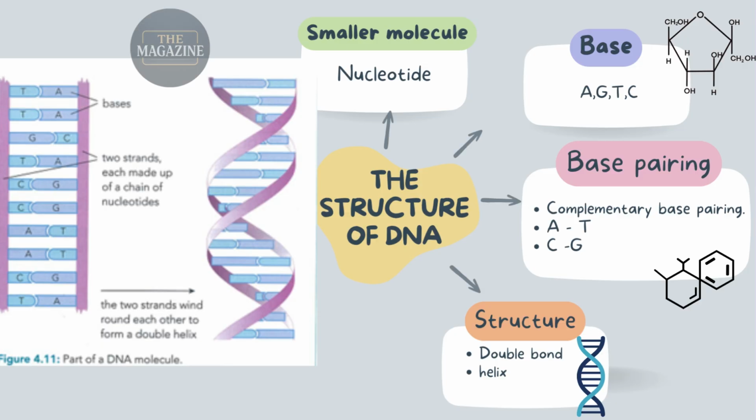Those strands are connected across by base pairs. There are four types of bases: adenine, guanine, thymine, cytosine. Adenine combines with thymine, cytosine combines with guanine. The smallest molecule of the DNA we call the nucleotide.